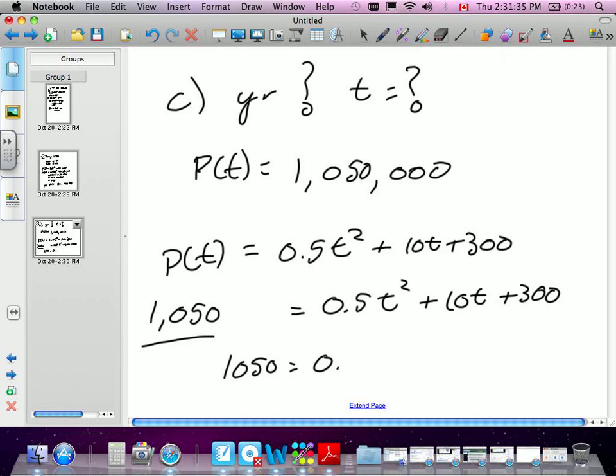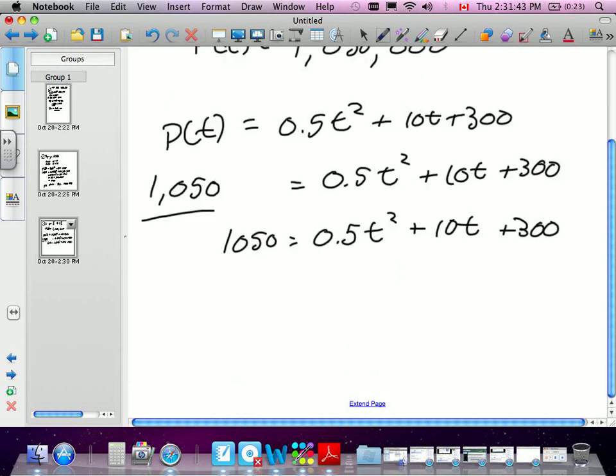I need to solve what year this is going to be, okay? So in order to do this, I'm going to be moving over this 1,050, and I'm going to set this equal to 0. So when I move, this side becomes 0, and I move over 1,050.